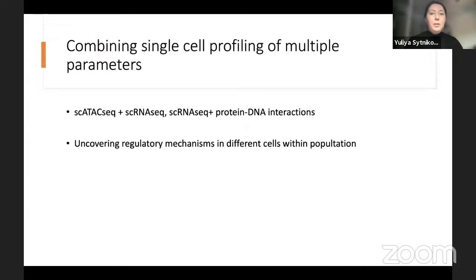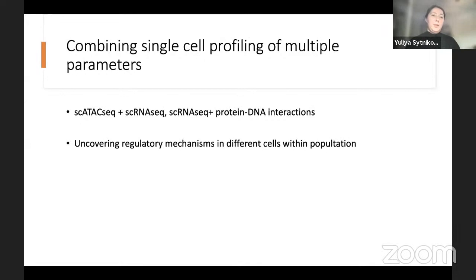Okay. So a very promising direction is to have joint profiling from the same cells in the population of chromatin accessibility, RNA expression, and other parameters.